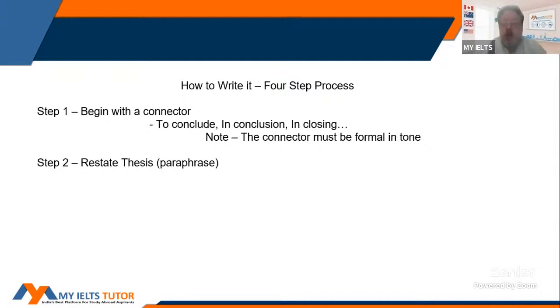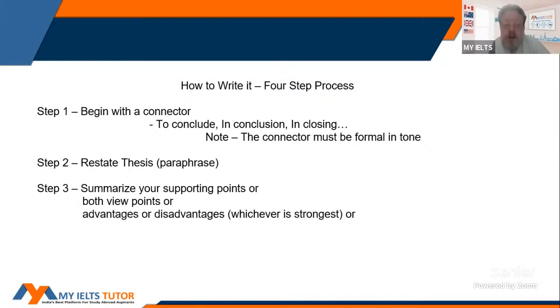Step 2, you want to restate your thesis. Make sure you paraphrase it. Okay. Step 3 is you summarize your supporting points, or both viewpoints if you get an essay prompt that asks you to talk about both views or advantages or disadvantages. You want to talk about whichever you feel is stronger.